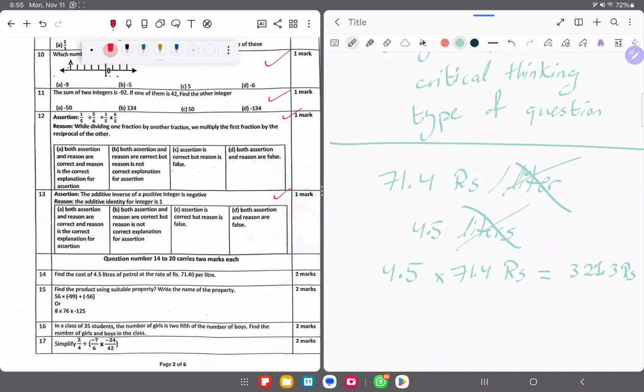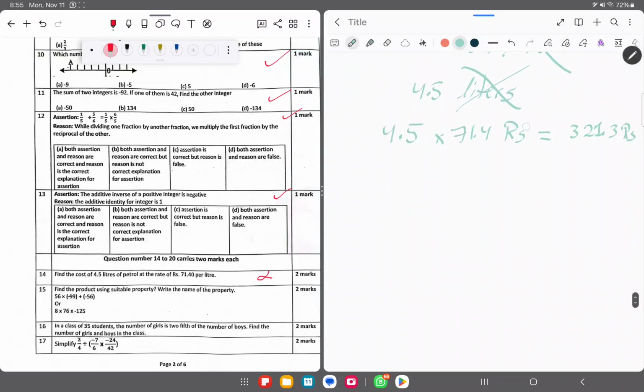Okay. So let's continue. We finished this one. 14, 15. You didn't do a single thing with 15. Find the product using a suitable property. Write the name of the property.